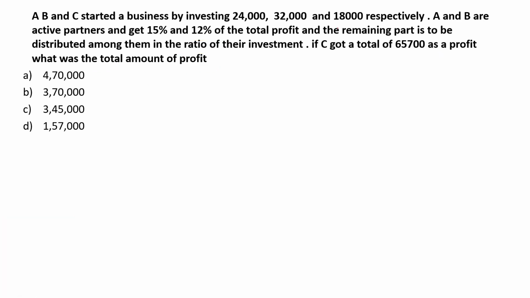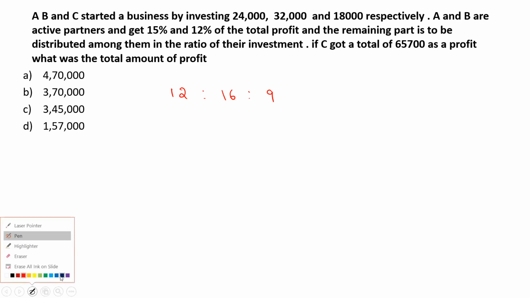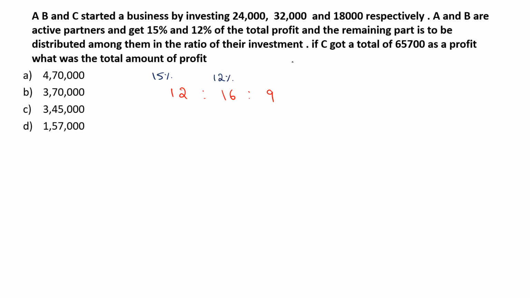The simplified ratio of investments of A, B and C would be 12:16:9. A is given 15% as salary commission, and B is given 12% commission. Then out of the 100% of total profit, 15 plus 12, that is 27%, is given as salaries, and the rest 73% is distributed among them according to their ratios.